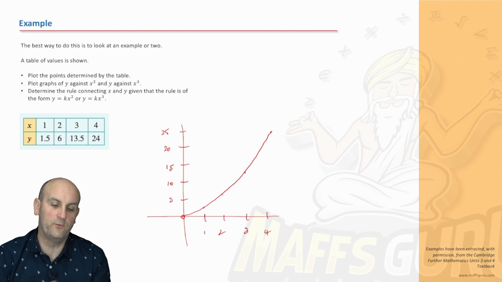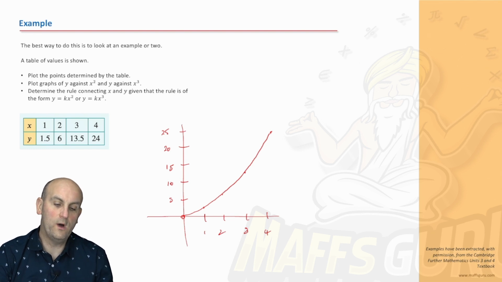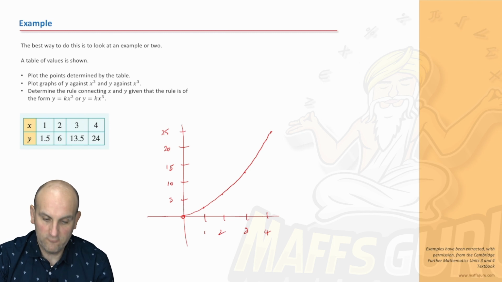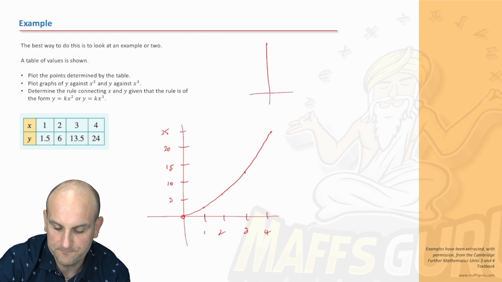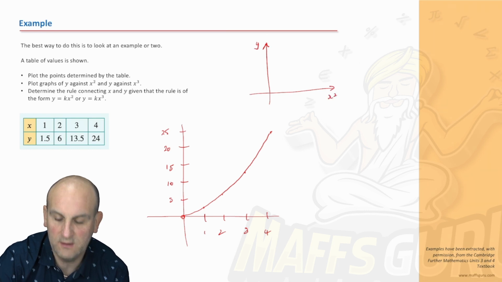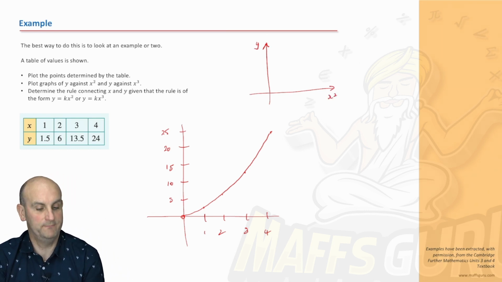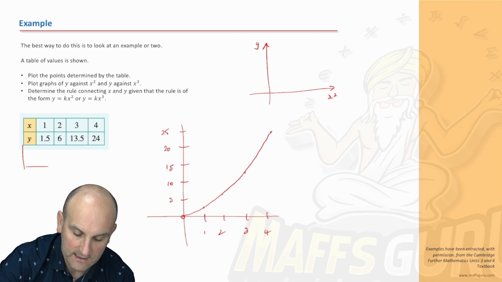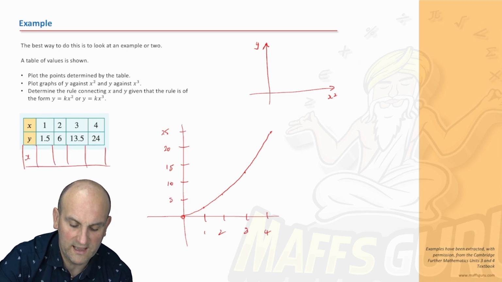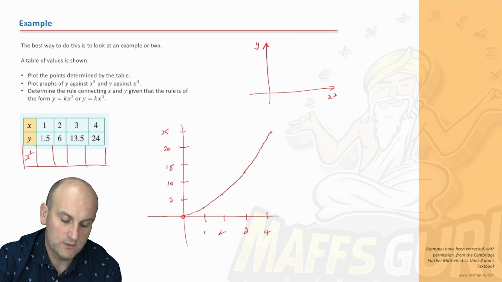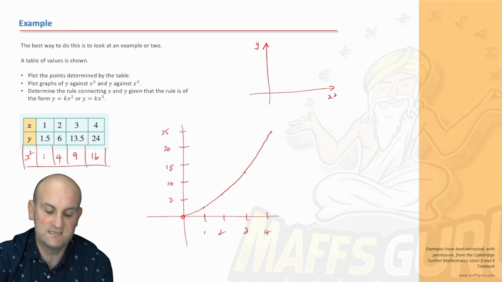Then it says plot the graph of y against x squared and y against x cubed. What that really wanted you to do was plot your values of y against x squared. Well, you don't have the values of x squared, do you? Nope. So you would add an extra row to the table and square all of your x values. So 1 squared is 1, 2 squared is 4, 3 squared is 9, 4 squared is 16.